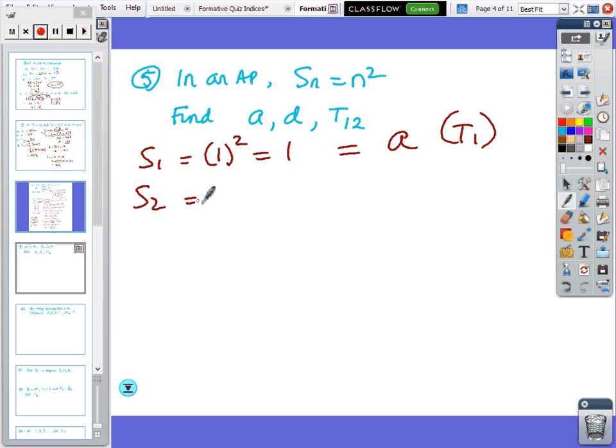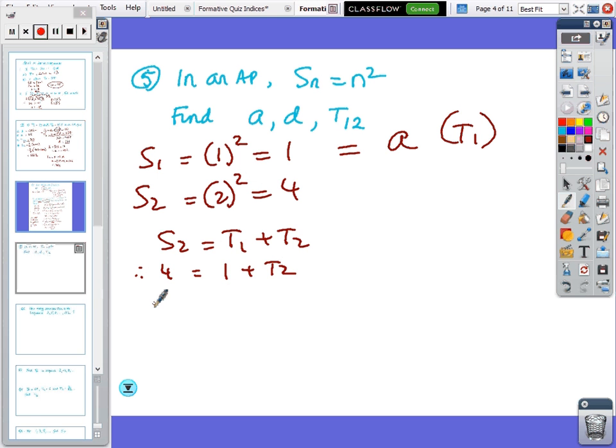The sum of two numbers is 2 squared equals 4. Now S2 equals T1 plus T2. Therefore 4 equals the first number 1 plus T2. So T2 equals 3. So straight away we know that the pattern is 1, 3.